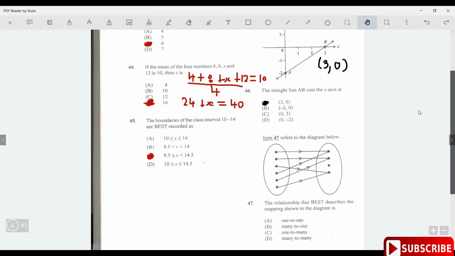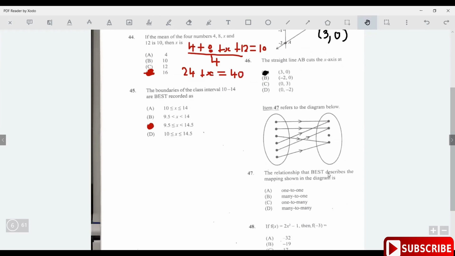All right. Question 47. It says the relationship best described in the mapping diagram is... Right here we can see this is our domain D and this is our range R. Now, as I always say, think of the domain as persons, and the range as persons. Now look, this person goes to this one.